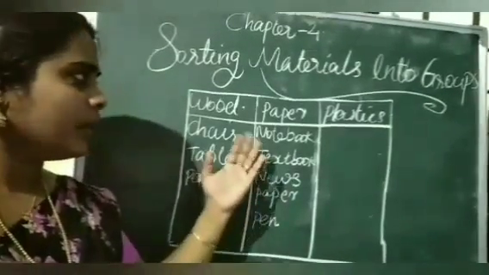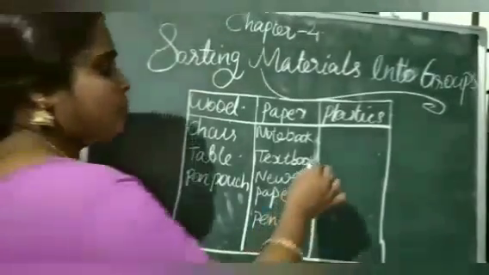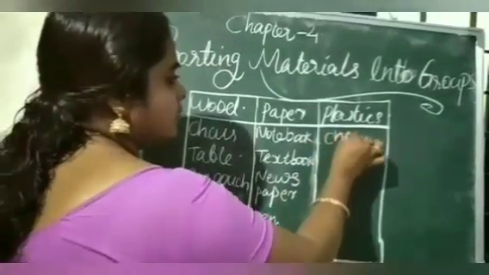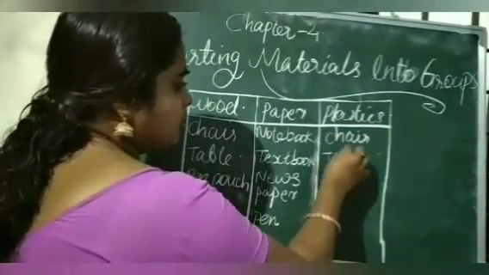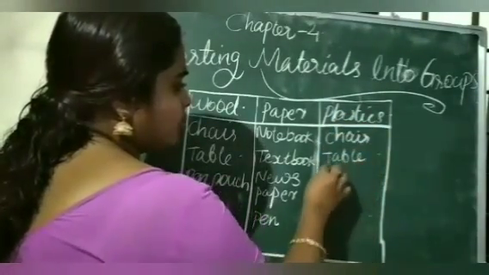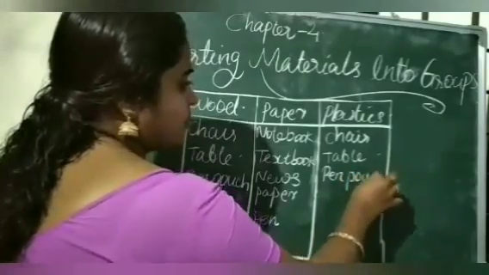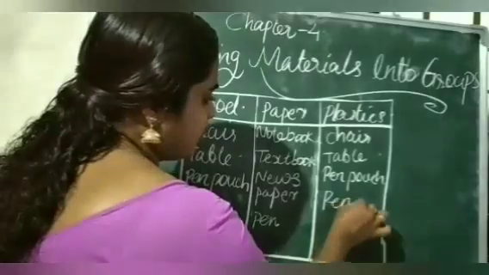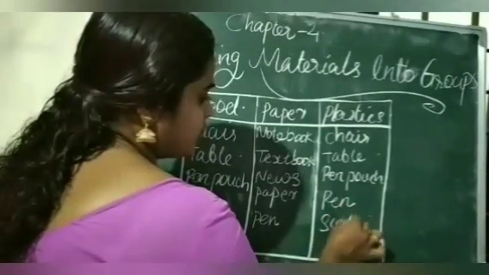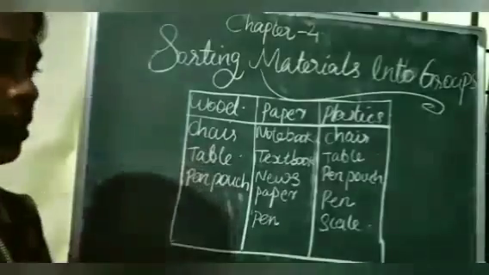These are all made up of paper. Next, plastics. In plastics we can also write plastic chairs, table, pen pouch, then pen, scale, sketch pens. So many are there.